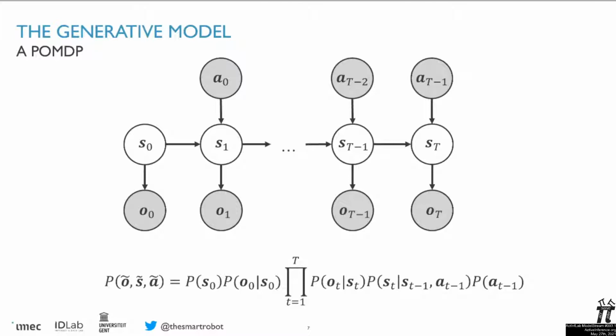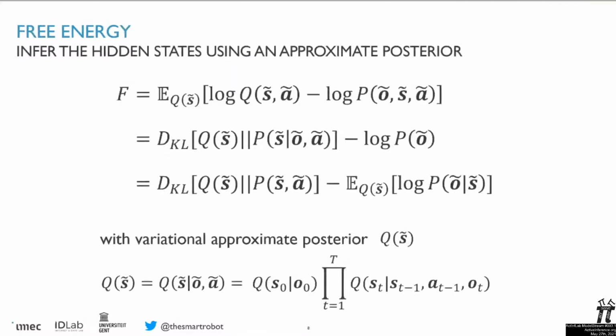And so then we end up with the so-called free energy principle, that basically what we want to do is build a model that maximizes log evidence. Here you see the formula for the free energy, and you can unpack it in several ways.